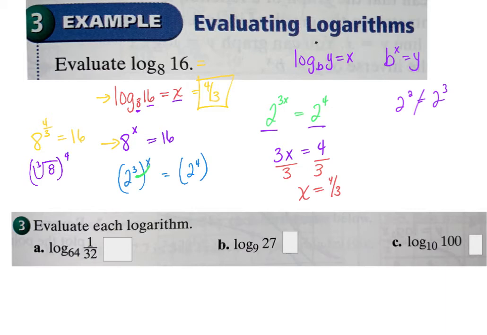My denominator is my index, my numerator is my exponent. What is the cubed root of 8? 2. What is 2 to the fourth power? 16. And yes, it works. That is to check it. So x equals 4/3.